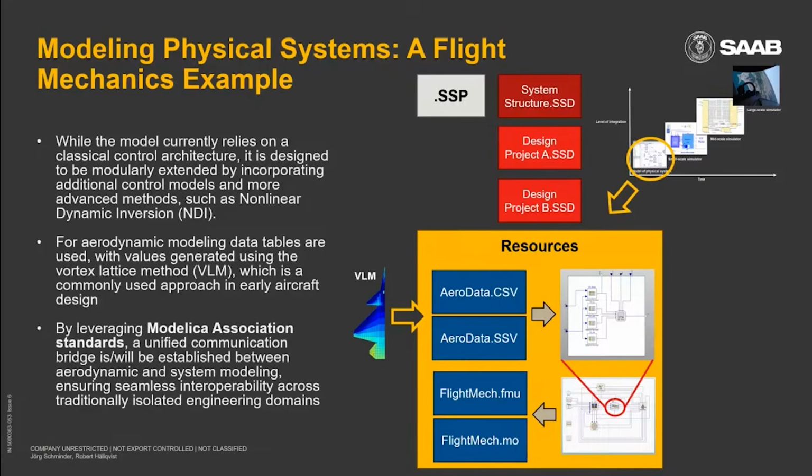However, we are aiming in the future to apply a more standardized file format, and that's the SSV file. Good. So what we are doing here is trying to make use of these Modelica Association standards. If you can please continue, Robert.